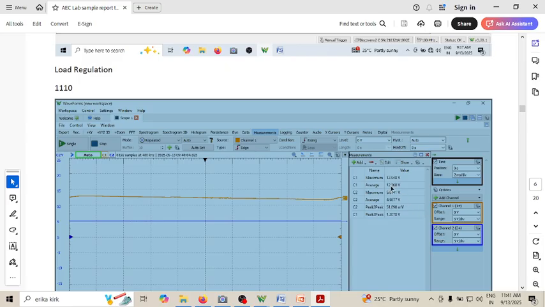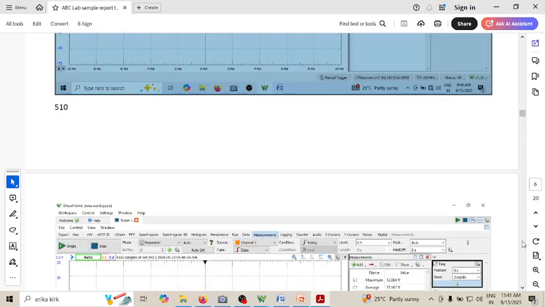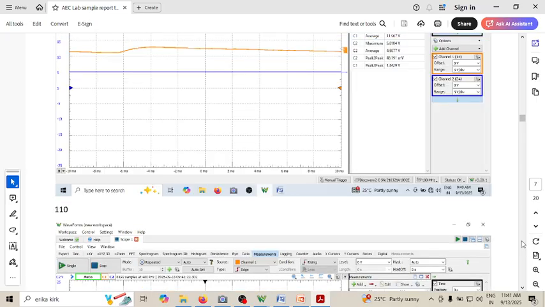So this is for a resistance of 1110. For 1110, let me just write it here. So V average is 12.36. Next comes 510. For 510 it is 11.96.